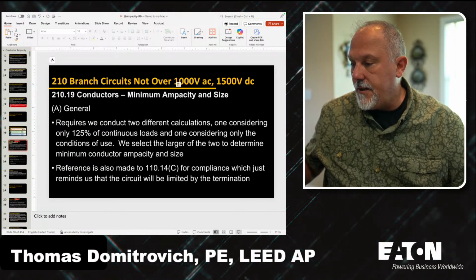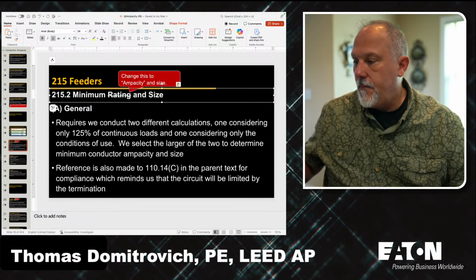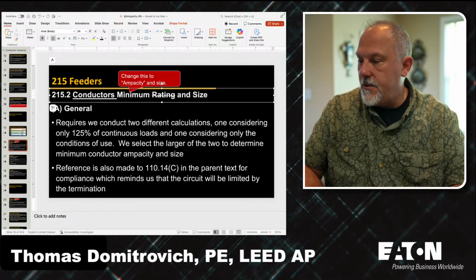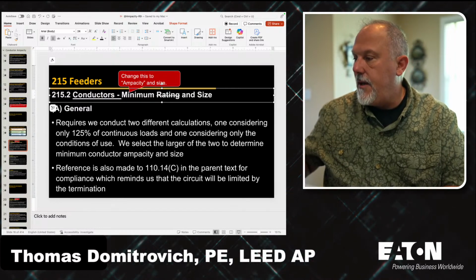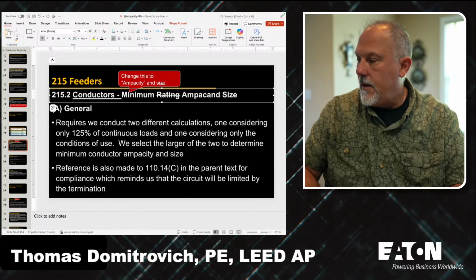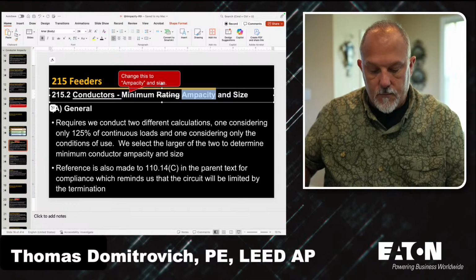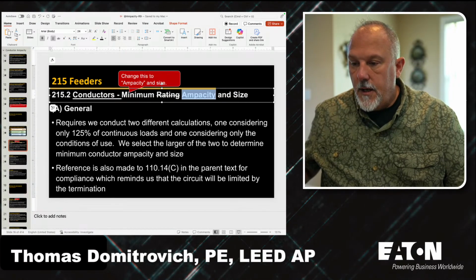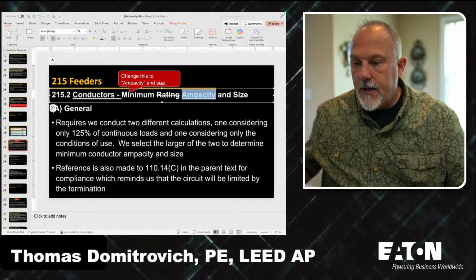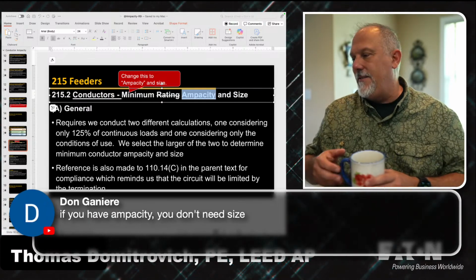So let's go down here. Conductors dash minimum ampacity and size, and let's do ampacity. And we're going to underline this. Hey, there we go. You know what? You're right, Dawn.